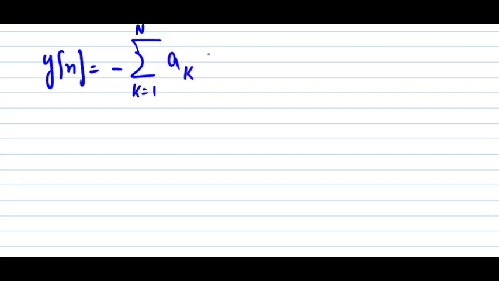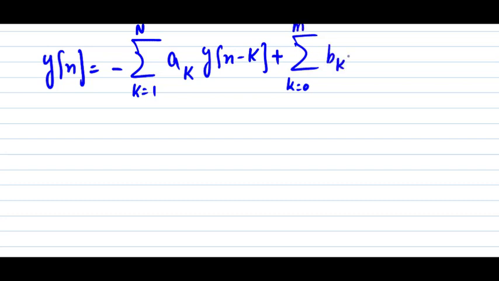We know that we can represent our LTI system using a constant coefficient difference equation, which we normally write as y of n is equal to minus summation k equals 1 to N a k y of n minus k, plus summation k equals 0 to M b k x of n minus k.